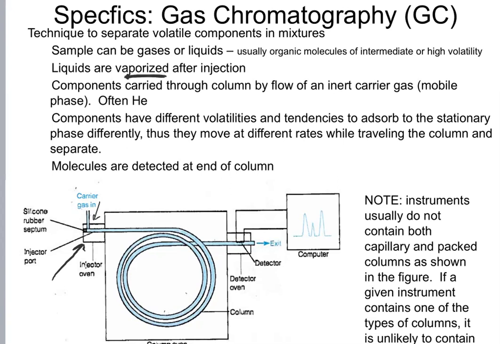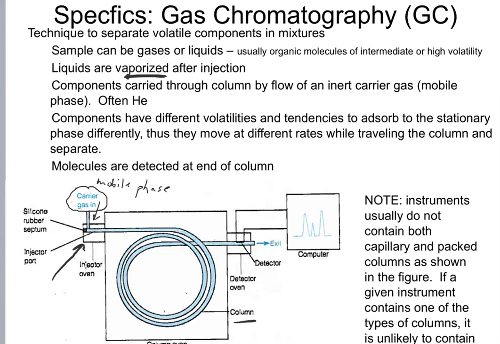So anything that's a liquid that's injected in will get flash vaporized, essentially immediately. We'll use a carrier gas. Oftentimes that's helium. That's our mobile phase, okay, to sweep the injected sample through our column, which is again a long tube. There's a couple different types of these tubes that are used in gas chromatography. I'll talk about the construction as we go on.